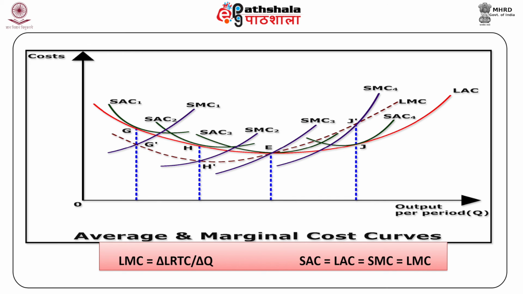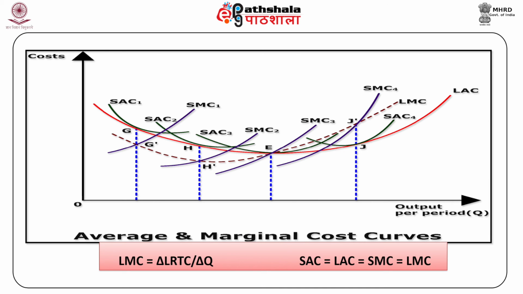Point E is the minimum of LAC, which is also the minimum of SAC3 and also the intersection point of SMC3 and LMC. Hence, at this point, SAC equals LAC equals SMC equals LMC, equation 5. That is, all the costs, short run and long run average as well as marginal cost, are equal.